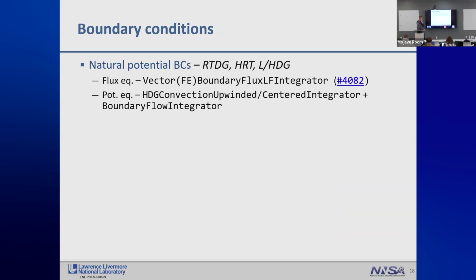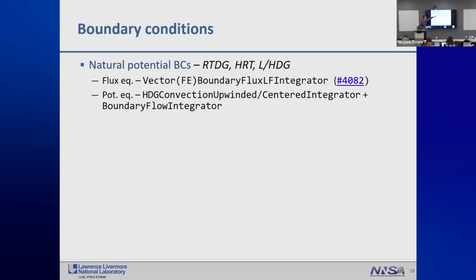Now we are getting to them, but starting slowly, it's just like natural boundary conditions, which are the same for all schemes. We just need to add some extra term to most equations.